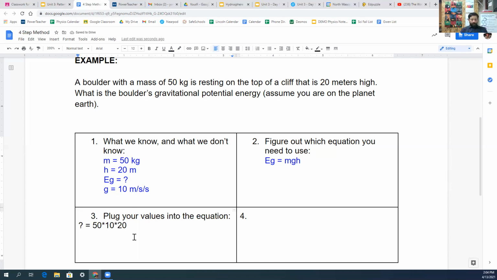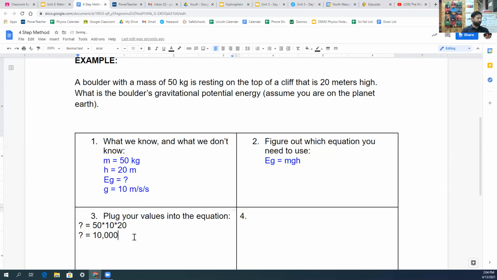So in the end, our equation is question mark equals 50 times 10 times 20. This would be a good time to take your calculator out and do 50 times 10 times 20. And when I do that, I see that I get 10,000.